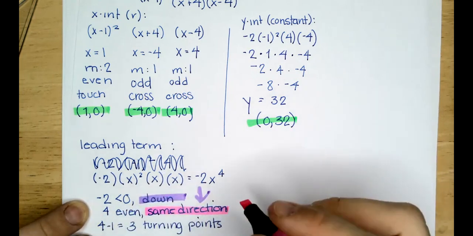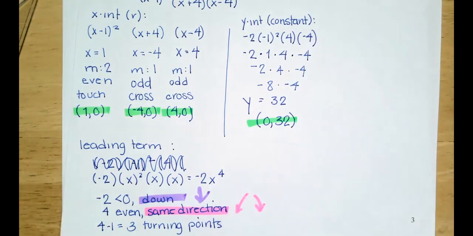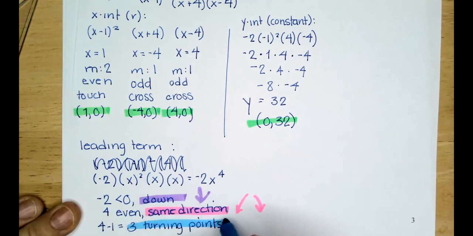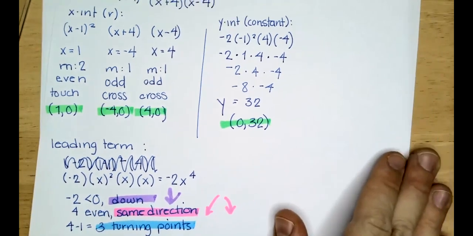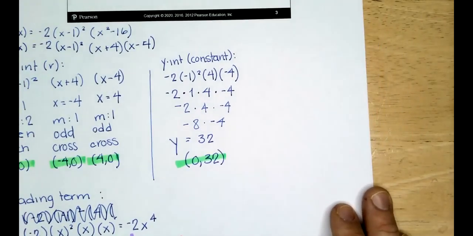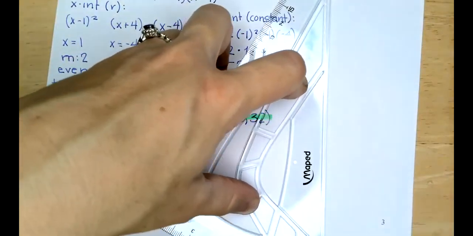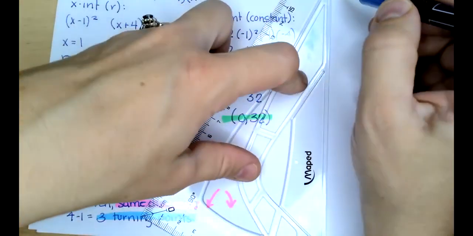So it's both beginning down and ending down. And it has 3 turning points. So let's see if we can graph this. I guess over here. I don't leave myself a ton of space, but it's okay. It's just a tall one because we have to get up to 32.